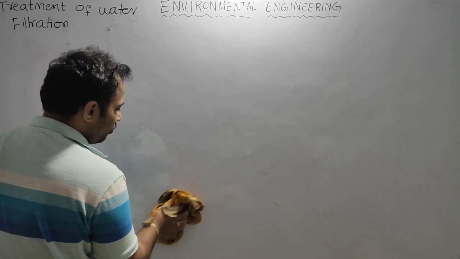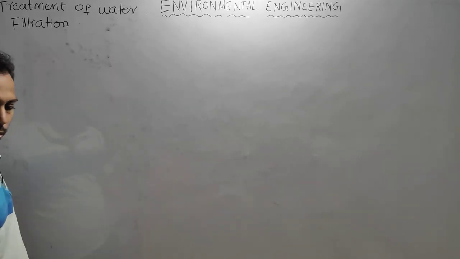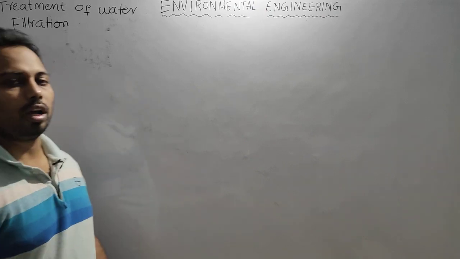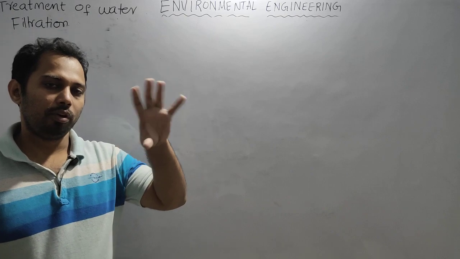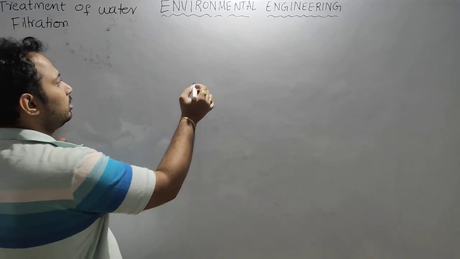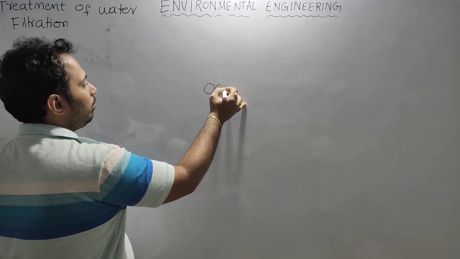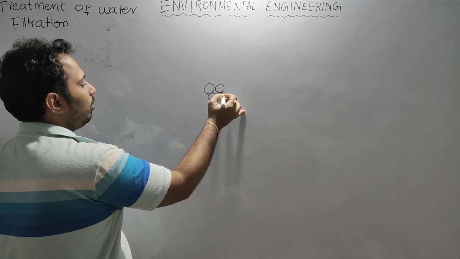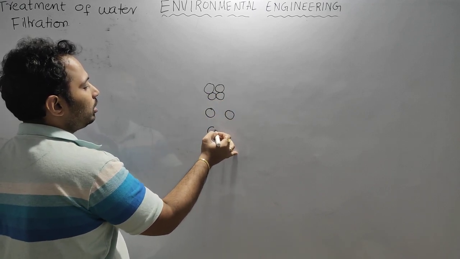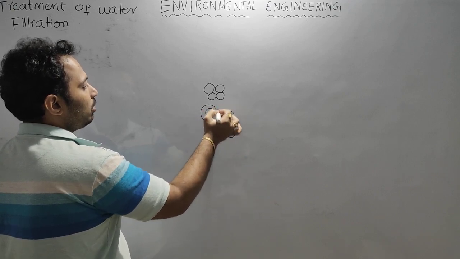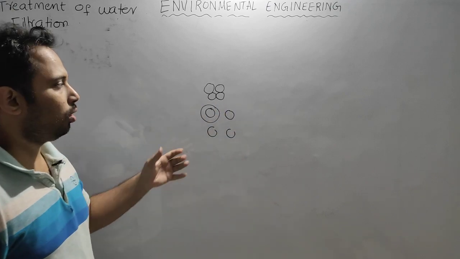That means we want to expose all the surface of the filter media. If you take a filter media particle like this, earlier the filter media is like this. Now if you don't expand it, how can you get the complete surface area into your control to wash?